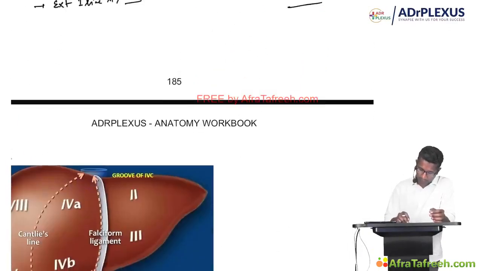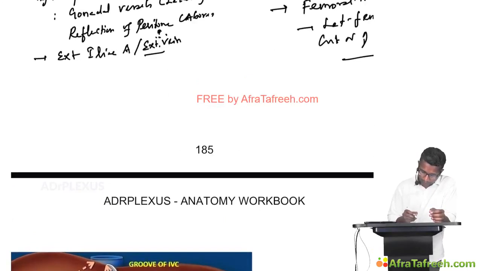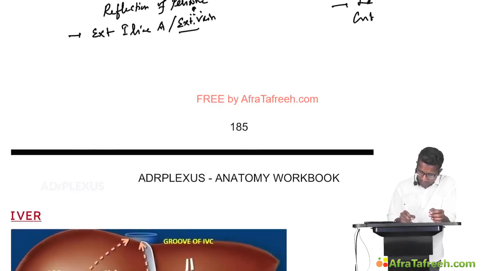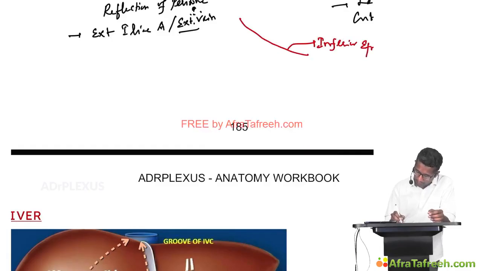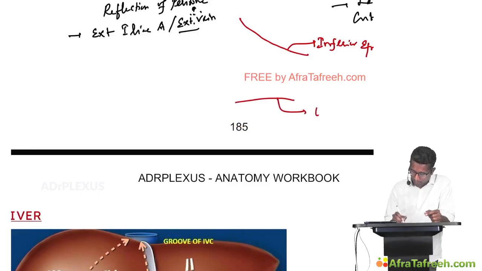I'll just write it here. So you have an artery running here, the inferior epigastric artery, these are the inferior epigastric vessels, and you have an artery running below, the obturator artery.